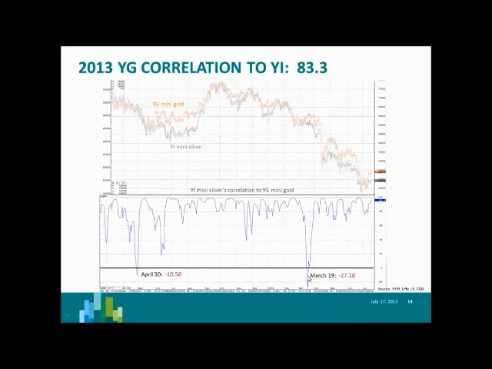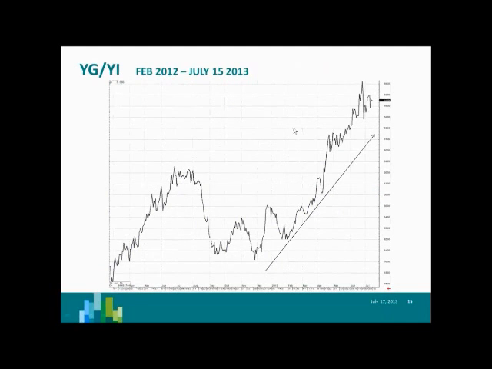Now if you have a ratio position on, long one and short the other, could this day be an opportunity for you? Or if you're thinking about putting on a ratio position. So just an important message that they definitely can move slightly differently and at a slightly different pace. And that's really what you're looking to take advantage of.